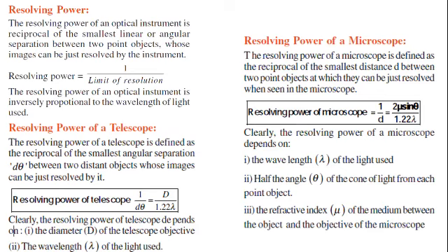So first of all, what is diffraction? Bending of light rays into the region of encroachment or about the corners of an obstacle is called diffraction, or simply it is the deviation from rectilinear propagation. We are having two types of diffraction: one is Fresnel diffraction and one is Fraunhofer diffraction.